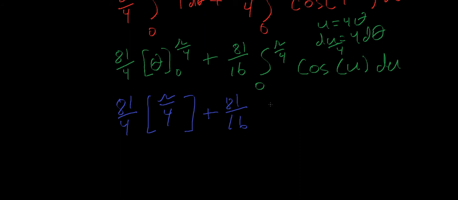And the integral of cosine is sine. So 81/16 sine 4 theta, not the 81/16, but the sine 4 theta is evaluated from 0 to pi over 4.